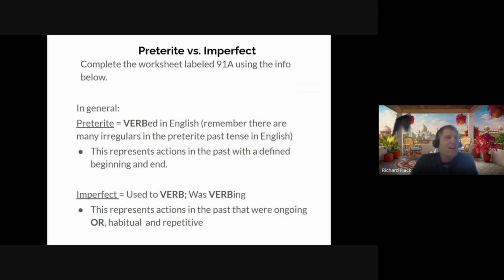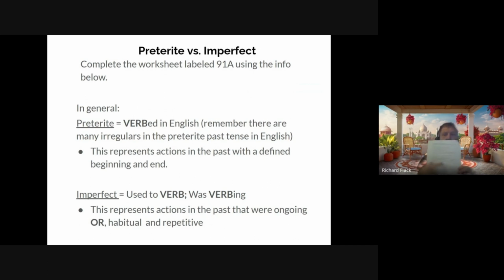So you get to start to get used to the imperfect endings and remembering your preterite tense endings all in one activity. So we're going to be working on the back side. You've got your chart on the front. On the back is lesson 91A, says 91A up here in the corner.